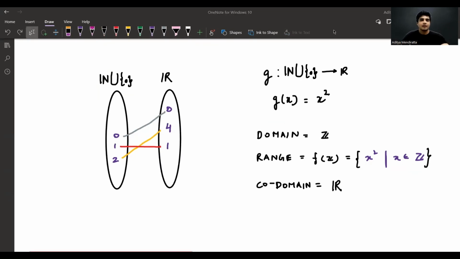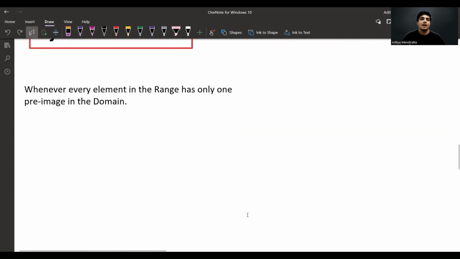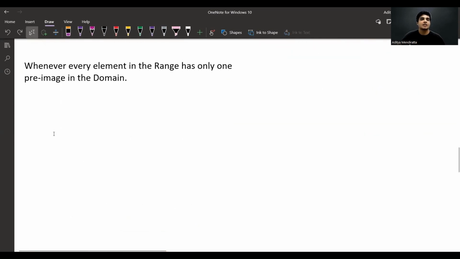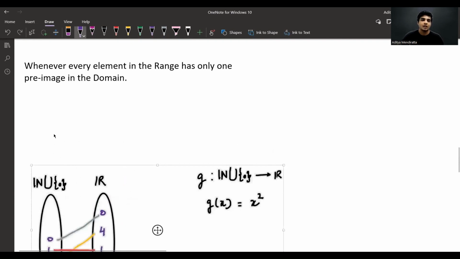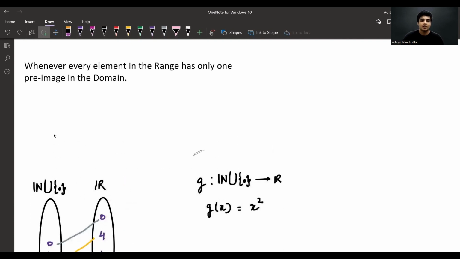So what do we have in our hands? We have an example of injective functions in our hands, where every element in the range has only one pre-image in the domain.